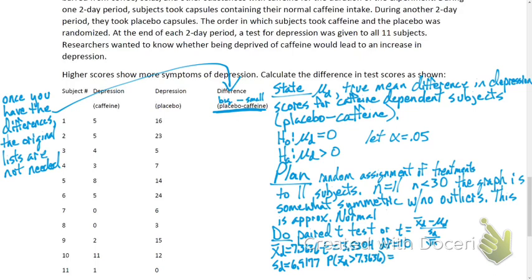And we got 0.0027, which is small. And now we can conclude. And I don't think I have enough room. Let's see if I can fit it in that space. So I'm going to skip the word conclude and just write reject H0.